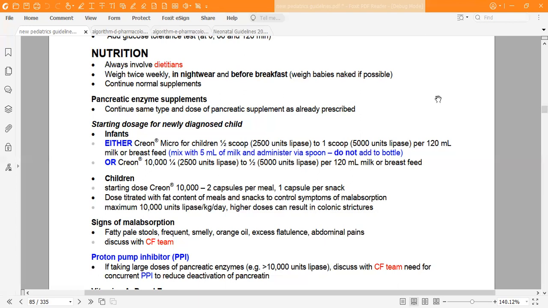10,000. So the previous one is 2,000, it's 2,500 unit lipase. It's half a scoop or 1 scoop of 5,000 unit lipase. Or the other type, it's 10,000, so that's a quarter to half per 120 ml milk or breastfeed.